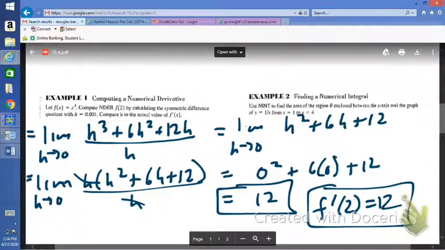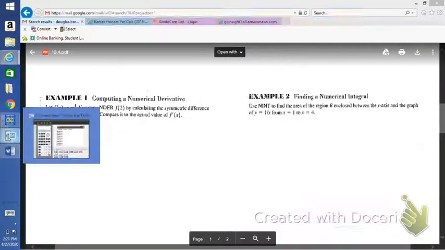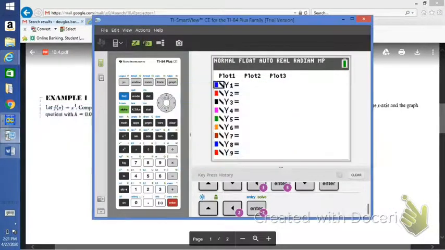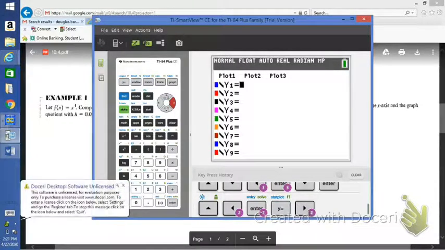Alright, now let's do this. It's a lot of work to find that derivative at the point. Let's use the graphing calculator now.